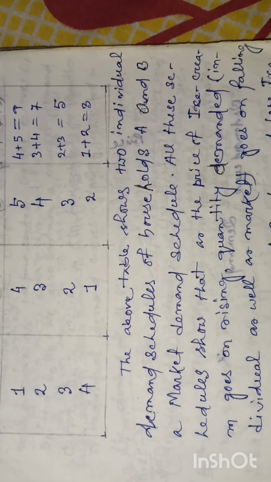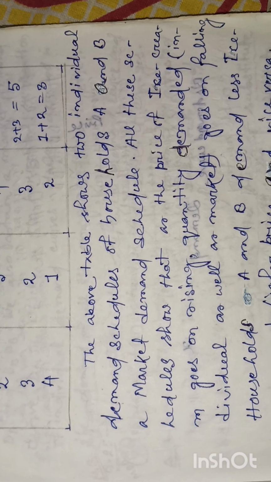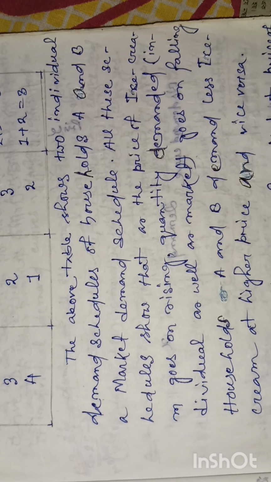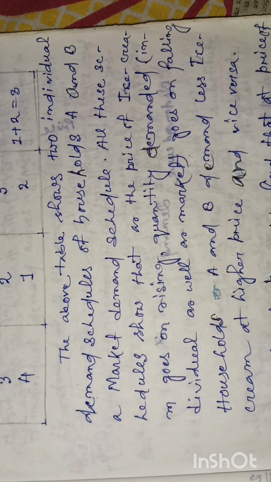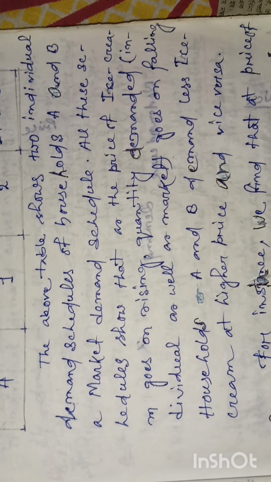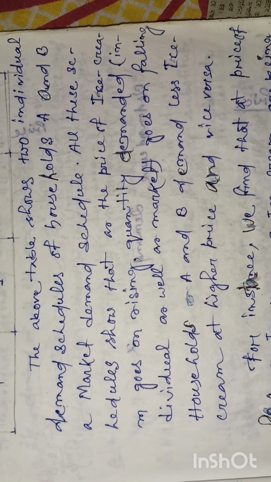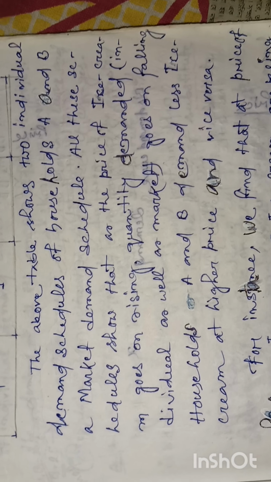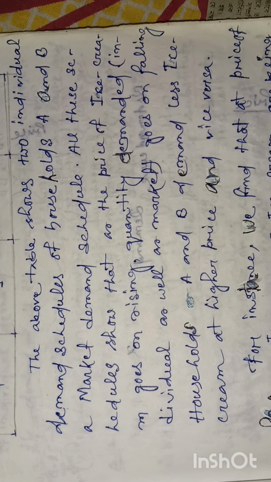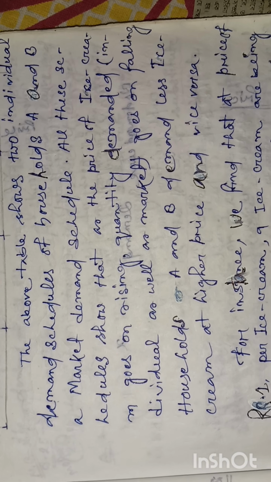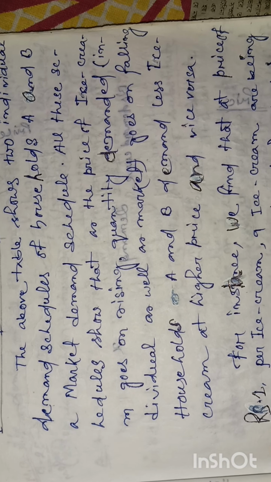The above table shows two individual demand schedules of households A and B, and a market demand schedule. All these schedules show that as the price of ice cream goes on rising, quantity demanded, individual as well as market, goes on falling. Households A and B demand less ice cream at a higher price and vice versa.